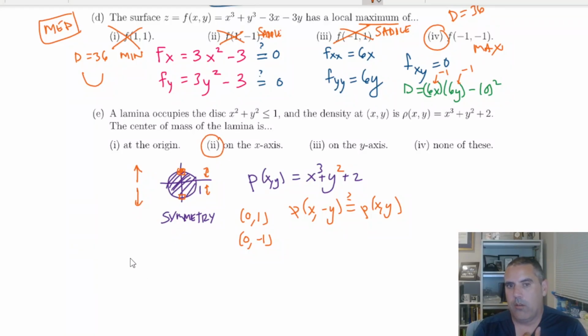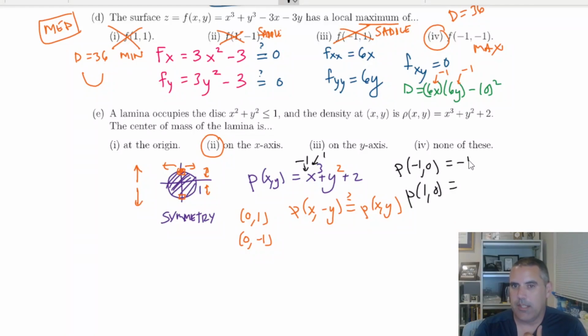What about if you change your x this way? What can we say? If you plug in -1 here and +1 here, are we going to get the same thing? Or in other words, when you plug in (-1, 0) and (1, 0), are those the same?